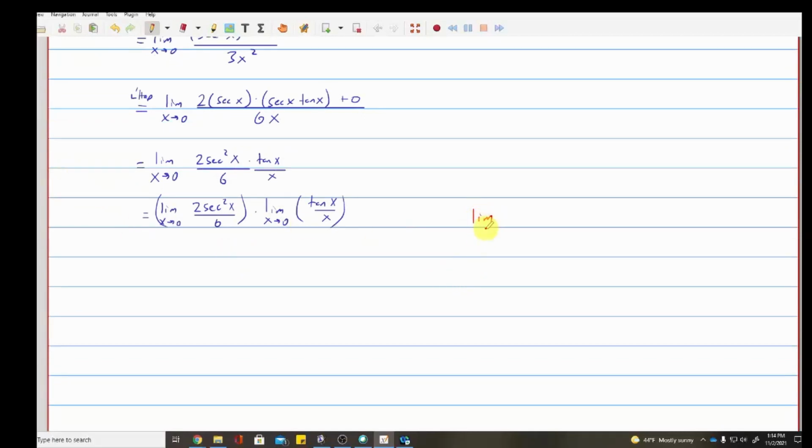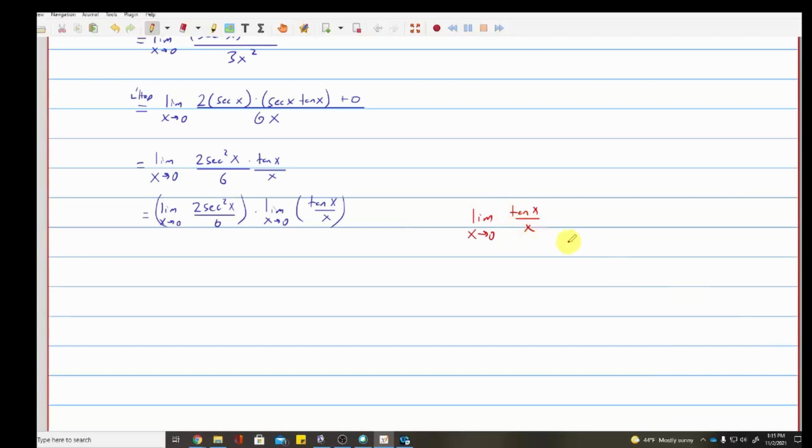If I take the limit as x goes to 0 of tangent of x over x, if I'm really slick and I remember everything that we did back in chapter 3 with derivatives and particularly with trig functions, I could break this up into sine x over x and apply one of the rules that I know.